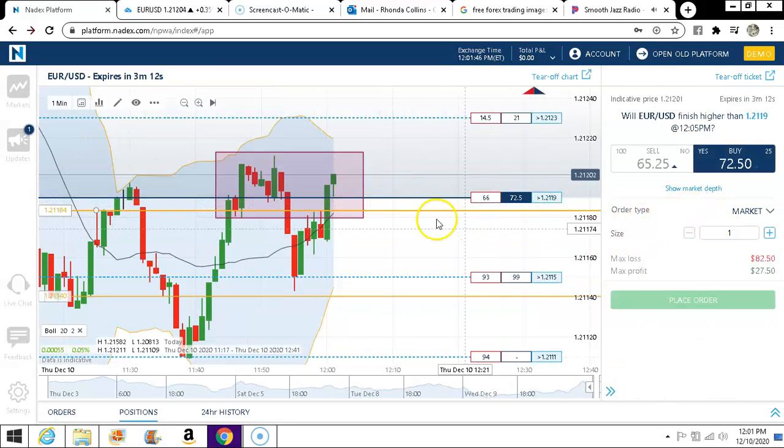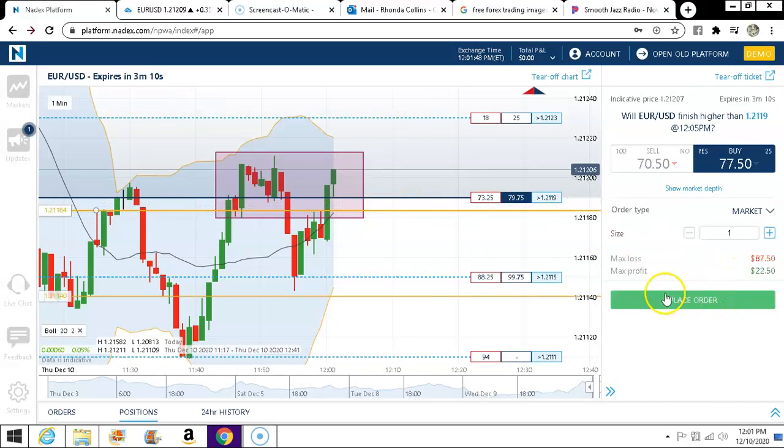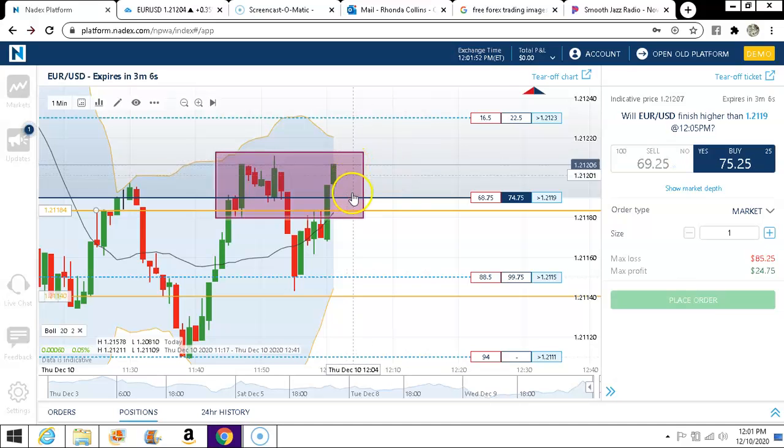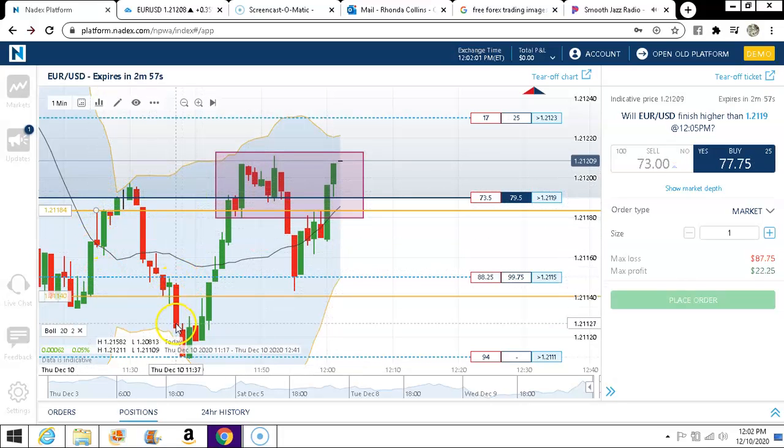So it's a little too late for me to get into this one to do some scalping, which you'll learn in another video. So I hope I've explained to you bullish engulfing candles and bearish engulfing candlestick patterns.